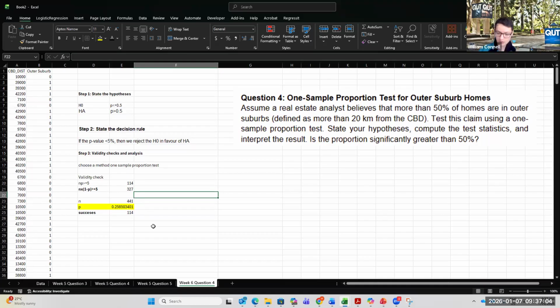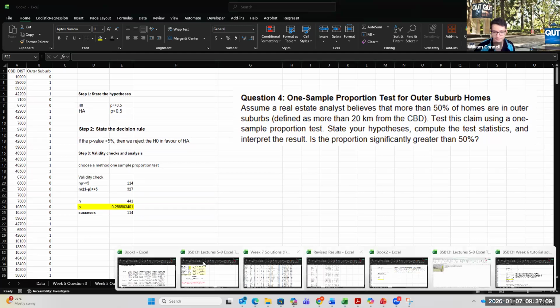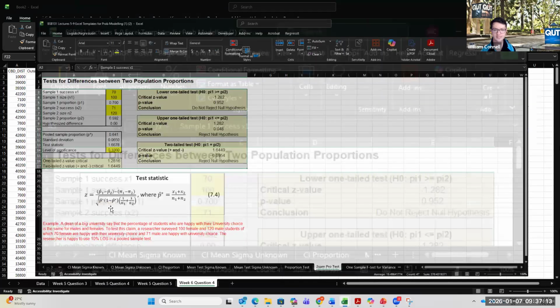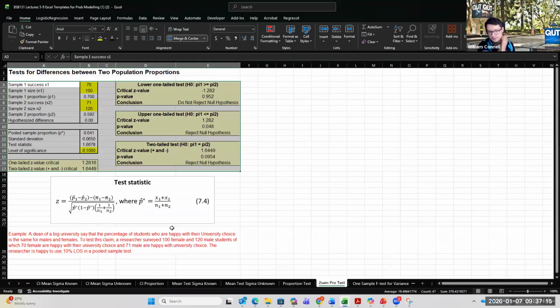Let's go ahead and use our template here. Using the template that's on the Canvas site is going to be the easiest way to go about conducting this test. There is no dedicated formula in the Data Analysis ToolPak.